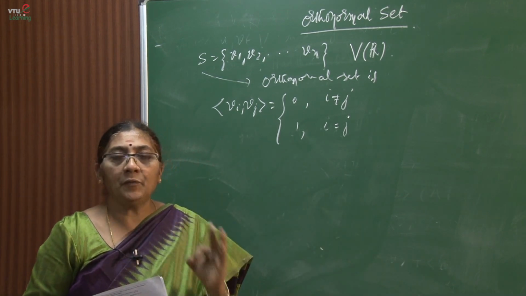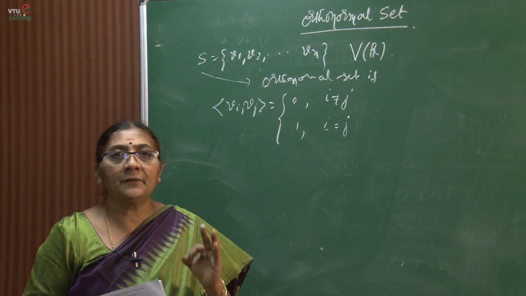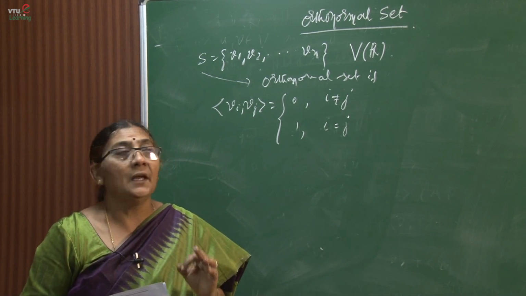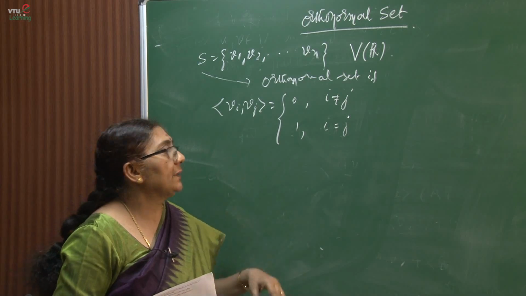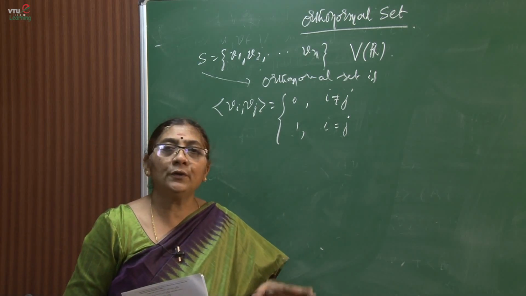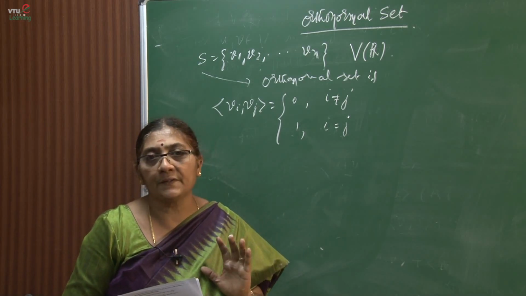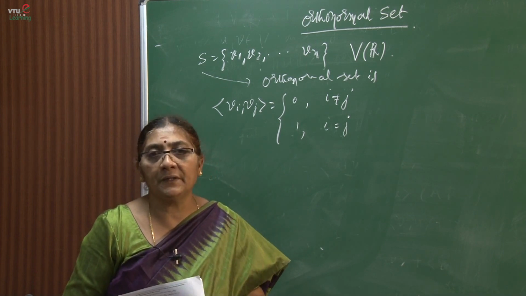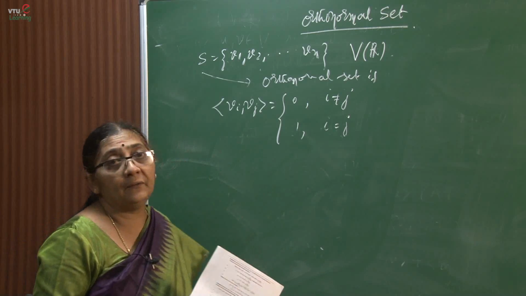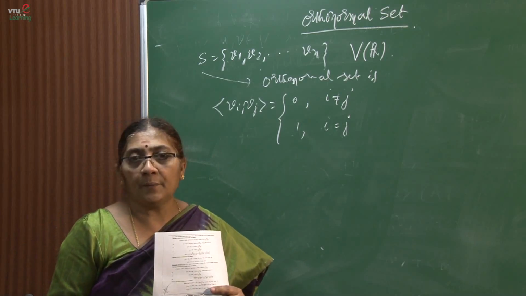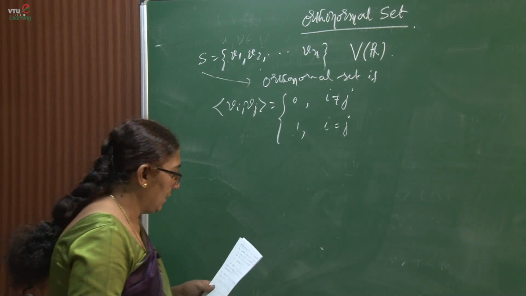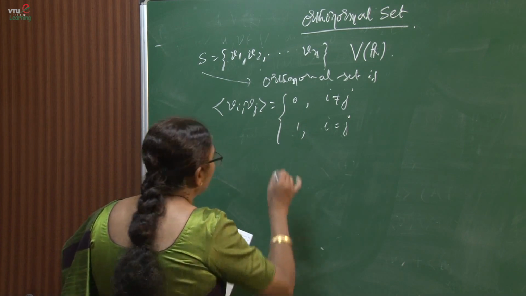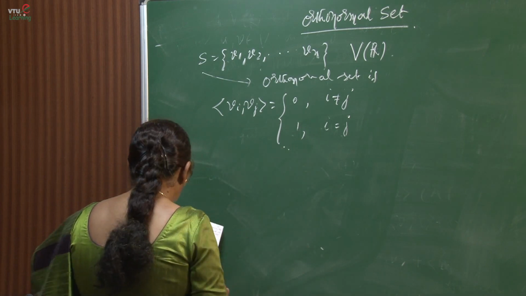Keep in mind, if you want to verify whether the given set is an orthonormal basis or not, it is enough to verify that the given set of vectors is an orthonormal set of non-zero vectors. This is extended from the result you studied in the previous class, and it is also very important in the Gram-Schmidt process and QR factorization. Now this corresponding basis is called an orthonormal basis.